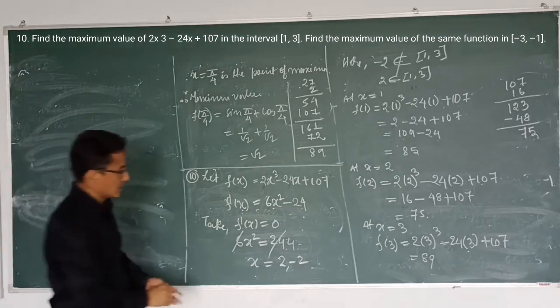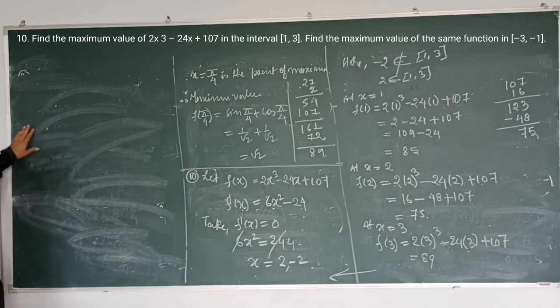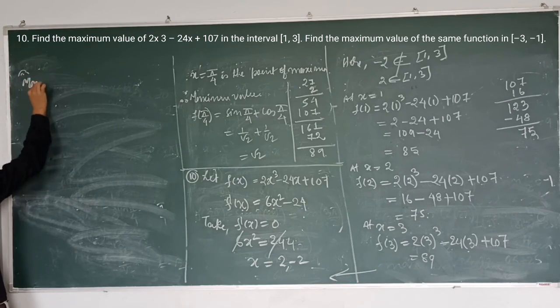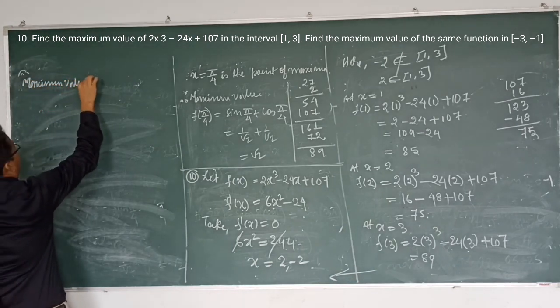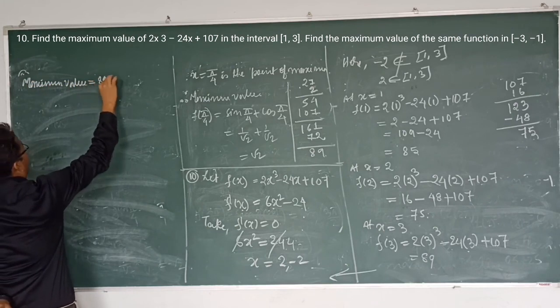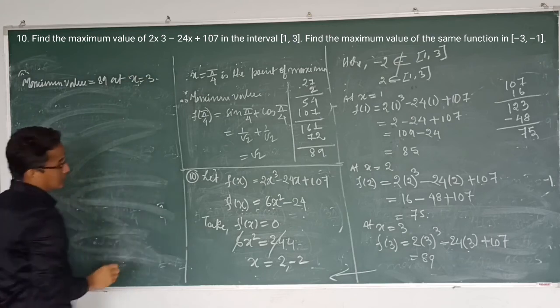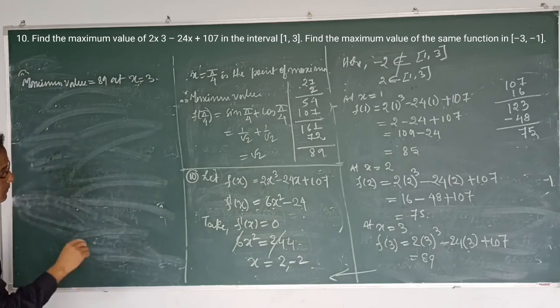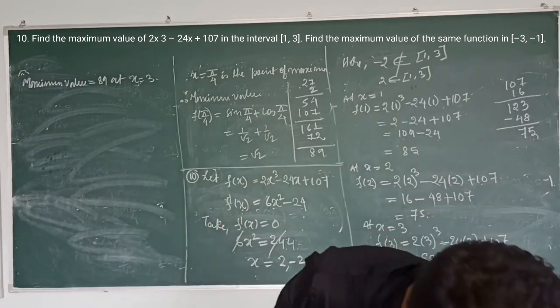So after this I will solve the remaining part here, okay. So we write maximum value equal to 89 at x equal to 3, okay, at x equal to 3. Minimum value they did not ask, they ask only the maximum value.